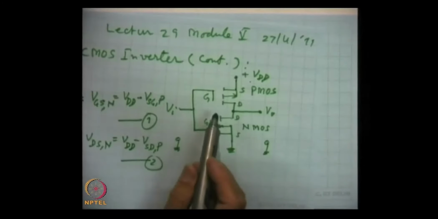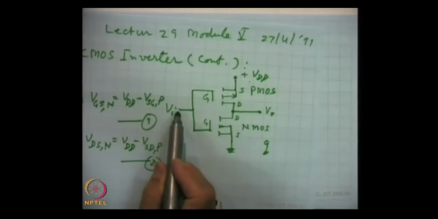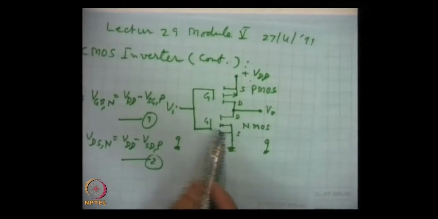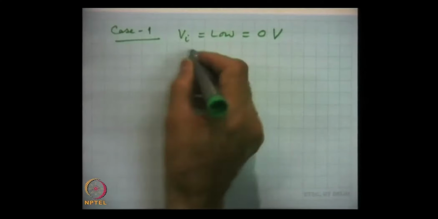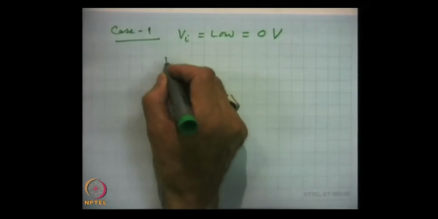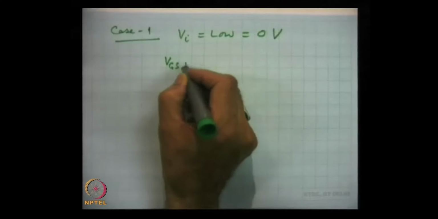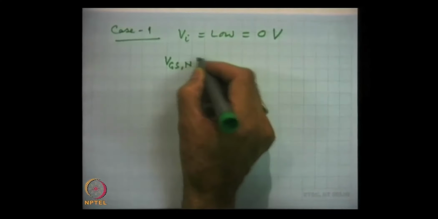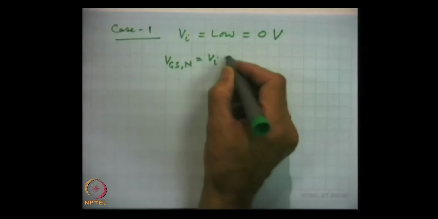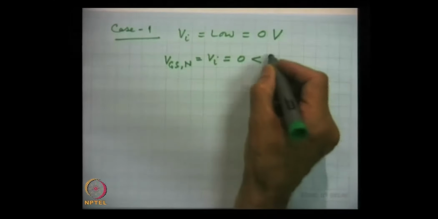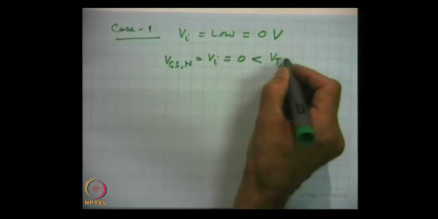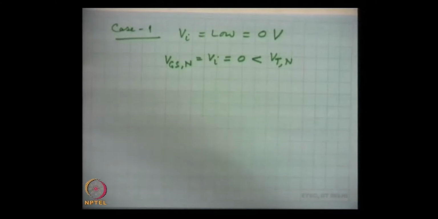When this voltage is low, the NMOS will be off, because VGSN is equal to Vi, which is 0, and so obviously it is less than the threshold voltage required for the NMOS.